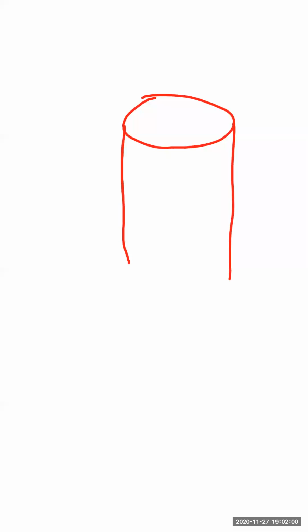Actually, the next application is about the right circular cylinder. Okay, a cylinder is like this: a circle and one more circle like this. So this is the center of this circle, which is M1, and this is the center of this circle, which is M2.